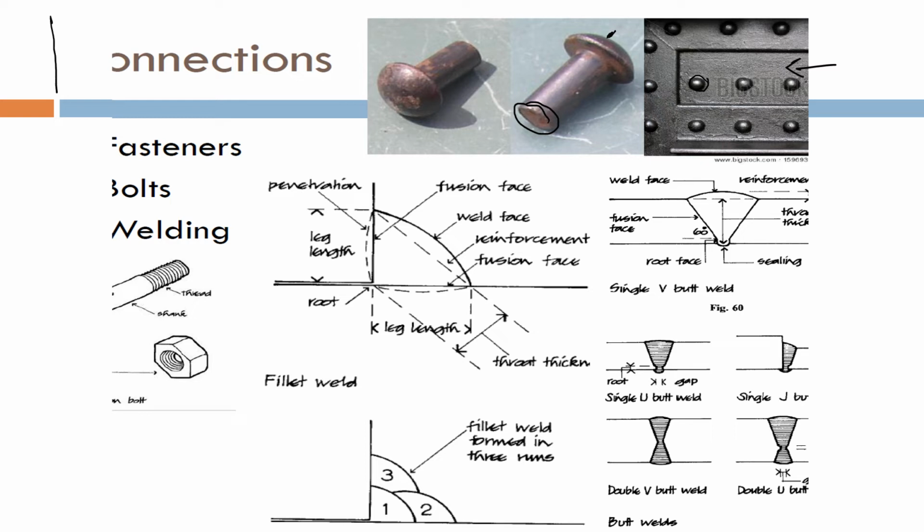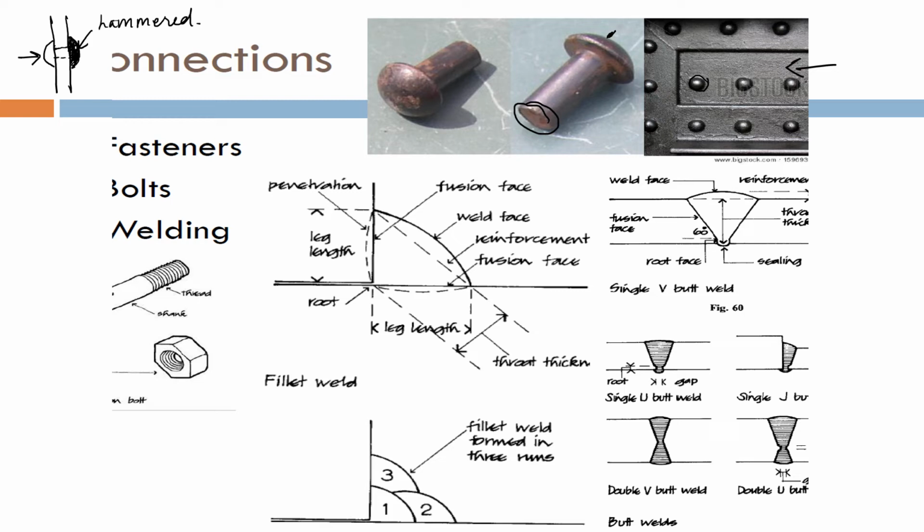So if this is a member through which I am going to put a rivet, I inserted it in this direction, this part is hammered, and on hammering it bulges like this, and this hole is closed off. That is how you use a rivet. So this was used more in the old times.